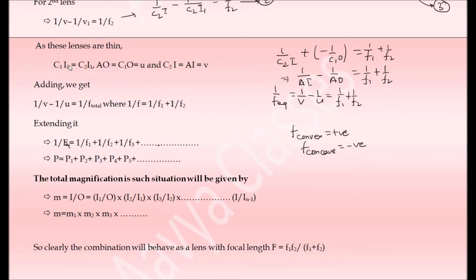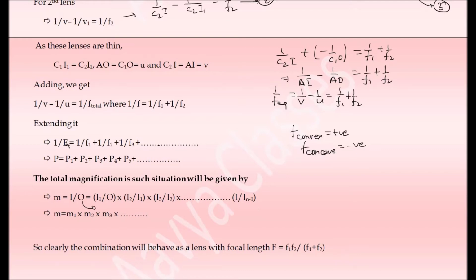Now we will calculate the total magnification of this system. As we know, magnification is the height of the image divided by the height of the object, so the magnification is I divided by O. Now we may write this term in this way: I by O is equal to I1 by O into I2 by I1 into I3 by I2 and so on.